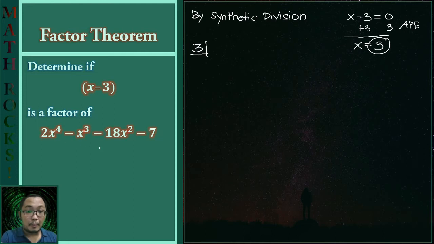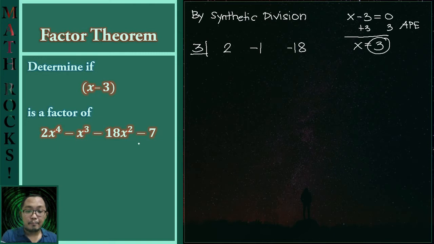Looking at our polynomial, we have the exponents 4, 3, 2, but there is a missing term, the term containing x with the exponent of 1. So writing the coefficients first of x raised to 4, followed by the coefficient of x cubed, which happens to be negative 1, and we have the negative 18.